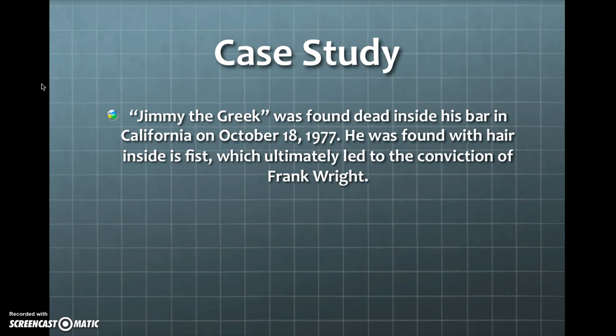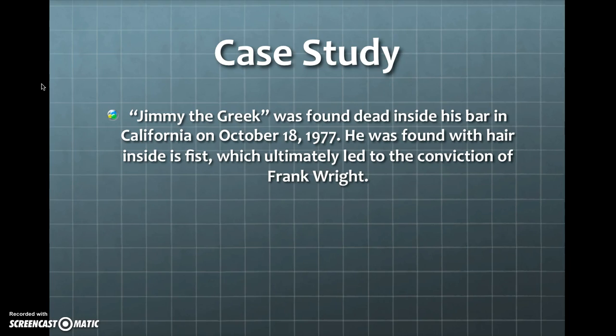At the time, the hair couldn't be sent in to be tested, so it took many years, but in the last few years, the hair was finally able to be sent in to be tested, and the test results came back saying that the hair belonged to Frank Wright.